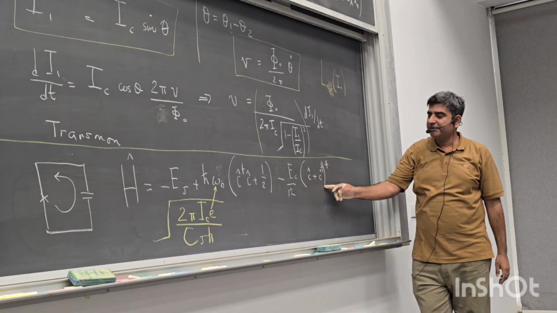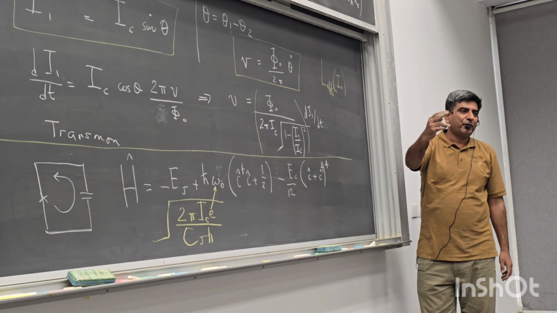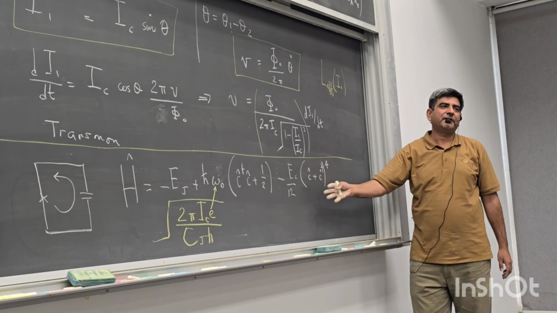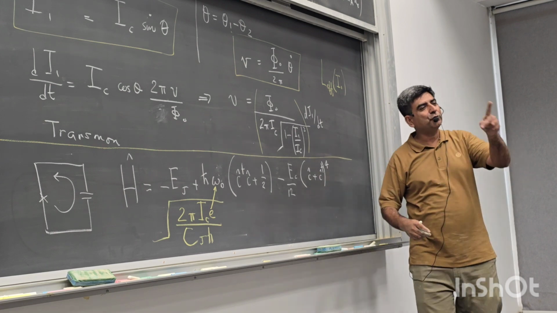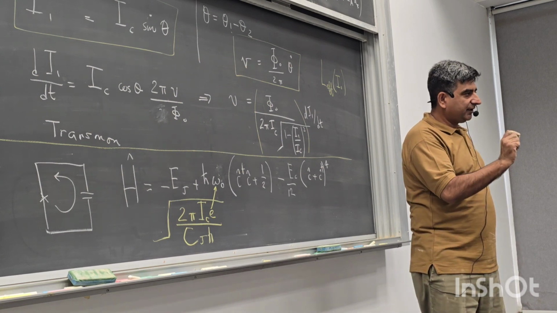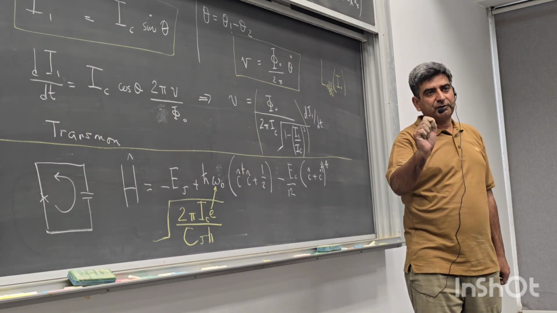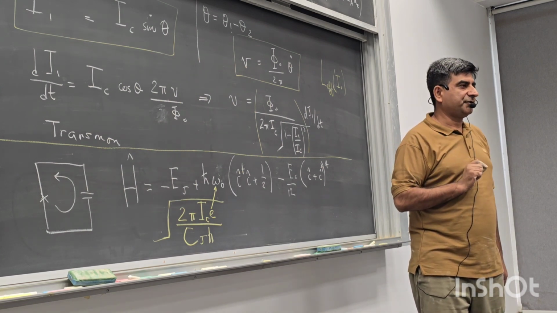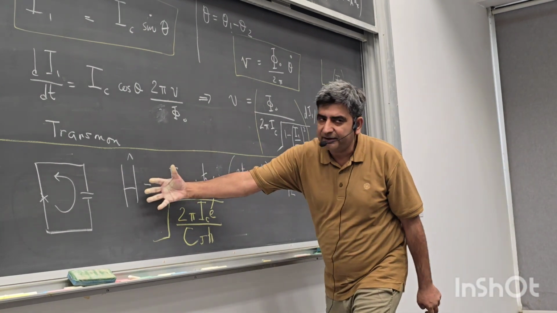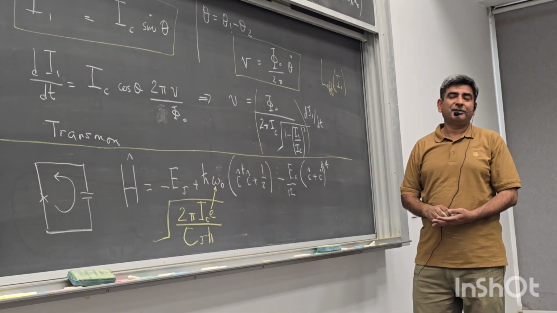And if I expand c plus c dagger and deploy the commutation rules for the ladder operators, I can simplify this. I will keep only those terms in this fourth power which have an equal number of c's and c daggers, because I want to respect energy conservation. And when I'm able to do that, I can find out the eigenenergies corresponding to this Hamiltonian.